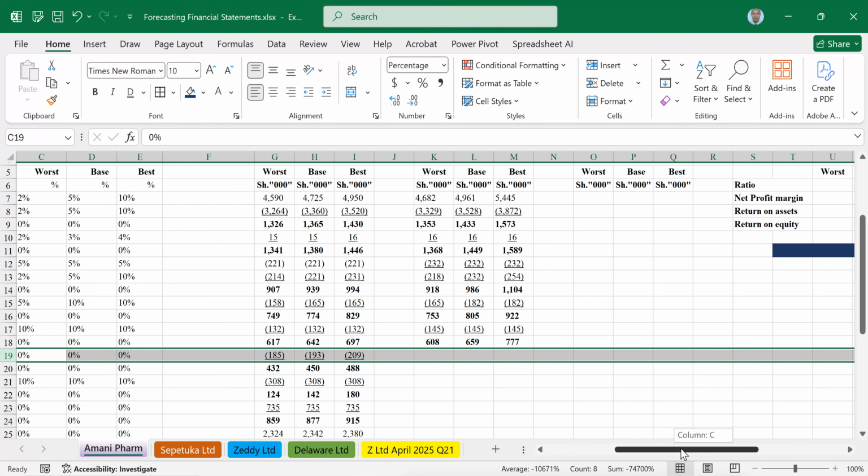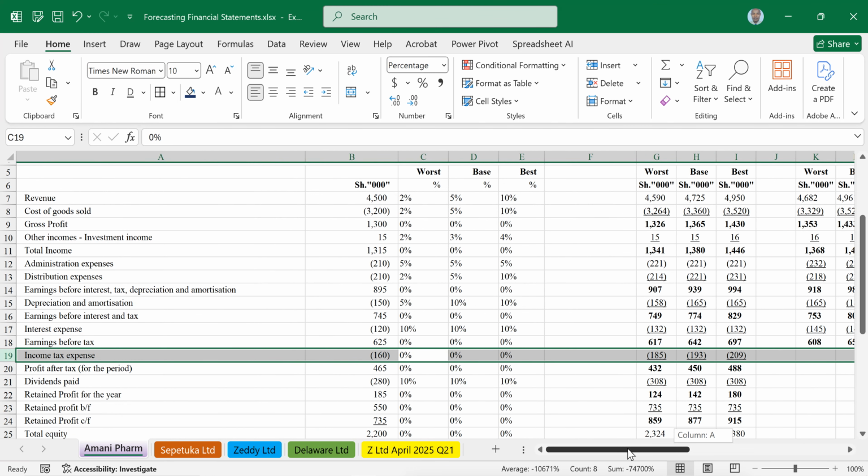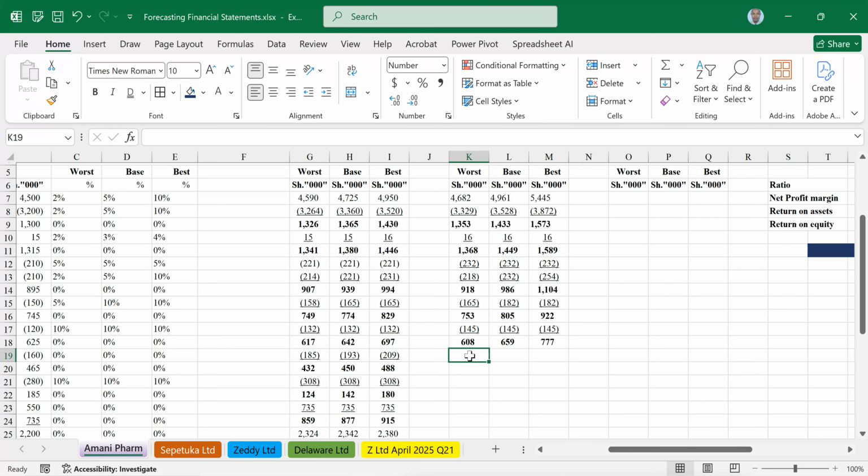They said tax is 30%. So tax is 30%, that will be equal sign, this cell times negative 30%. Then now earnings after tax.